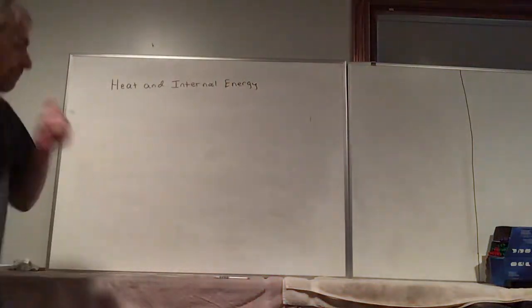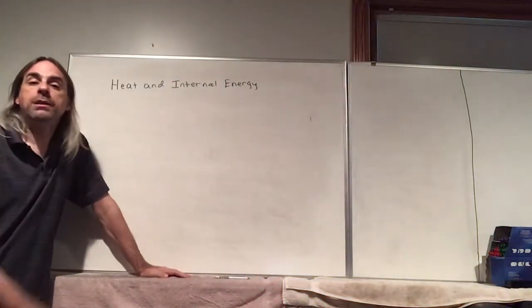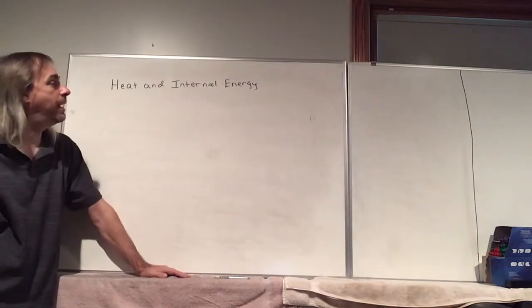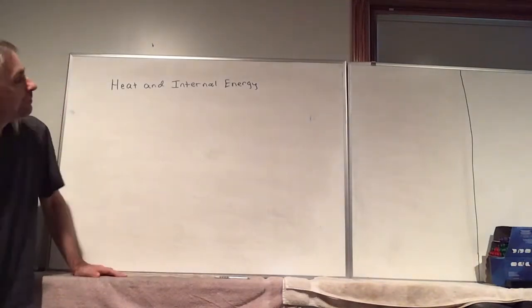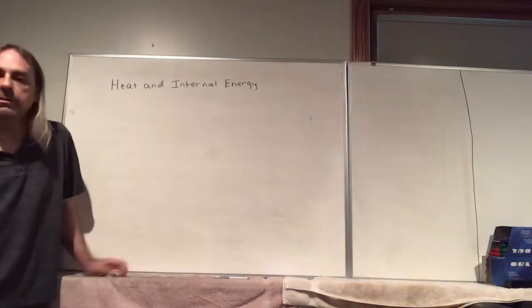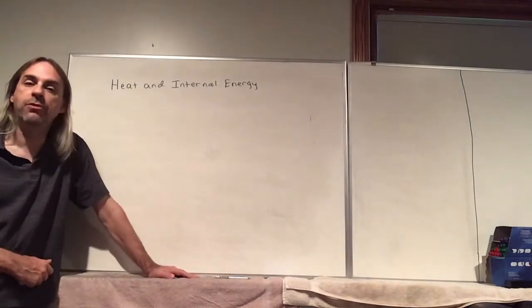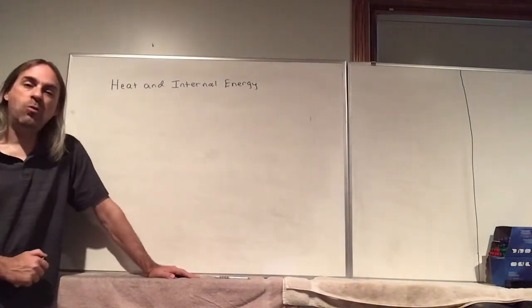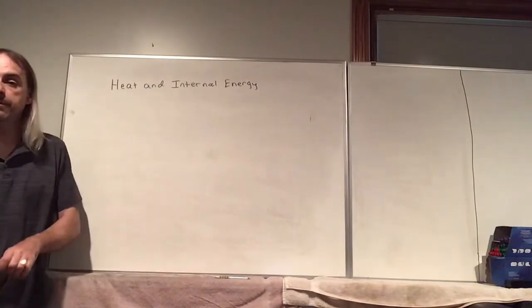Okay, class, so we're going to talk about heat and internal energy. Now, heat is a very common word that's used in everyday language, but we have to be careful about what this means in physics.